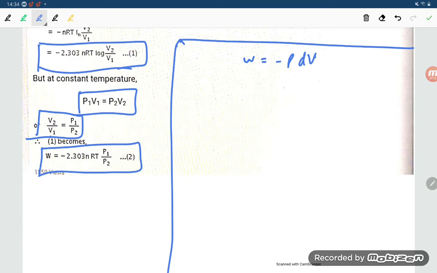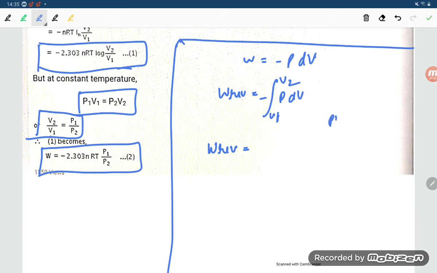So if you are integrating this, W reversible, you are integrating minus P dV, with the initial volume V1 and the final volume V2. Now, dear student, W reversible is equal to what we can write here, V1 V2. How will we be able to explain?